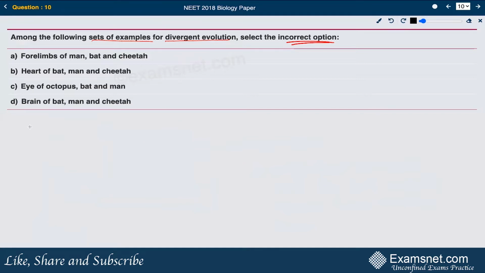So let me tell you that divergent evolution basically relates to which kind of structures? Homologous structures. So divergent evolution occurs in homologous structures.